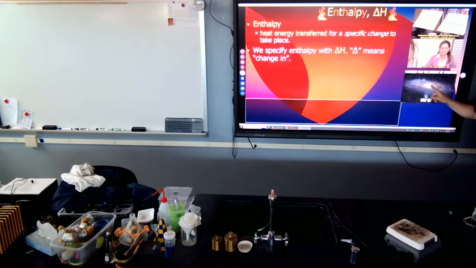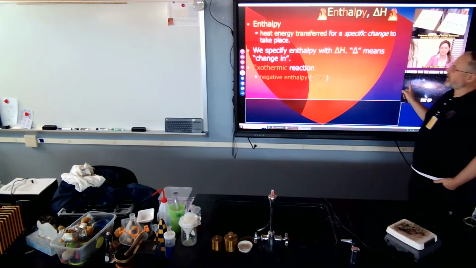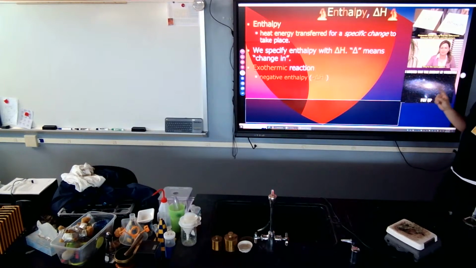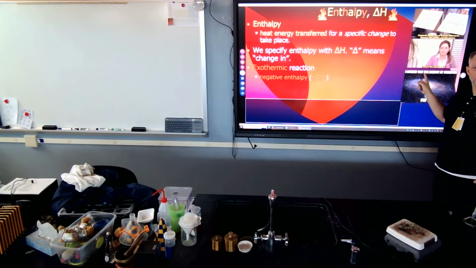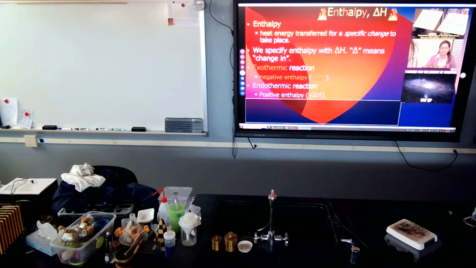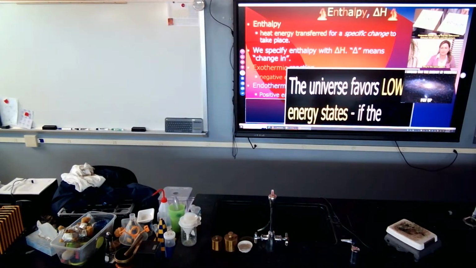An exothermic reaction releases heat, and that means that delta H is negative. If you observe heat coming at you, the system is releasing the heat. If you observe heat going into the system, then we call it endothermic, and endothermic has a positive delta H.